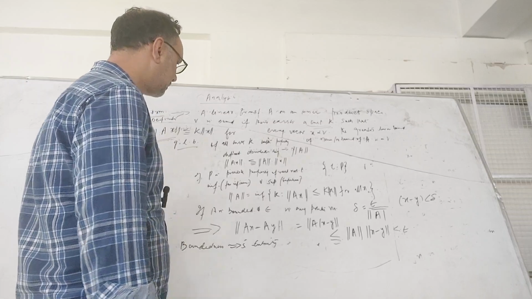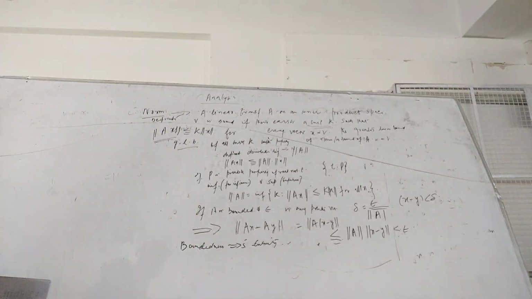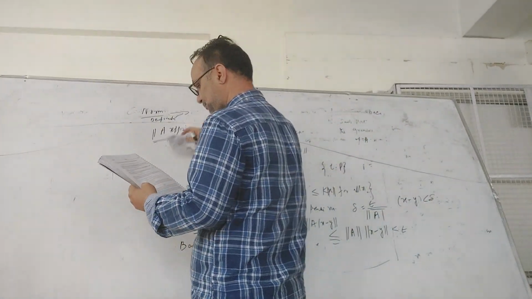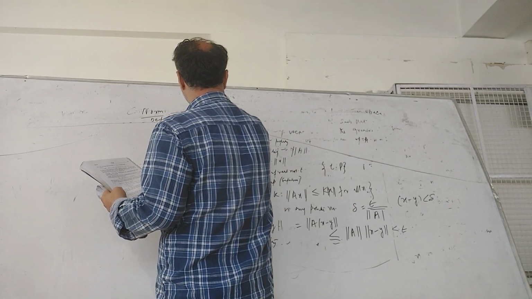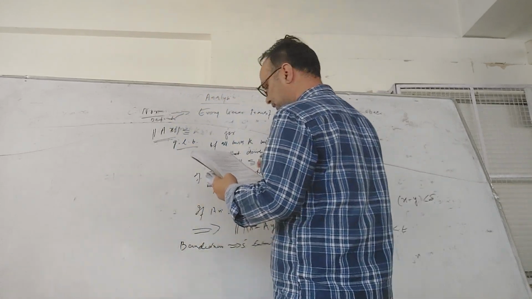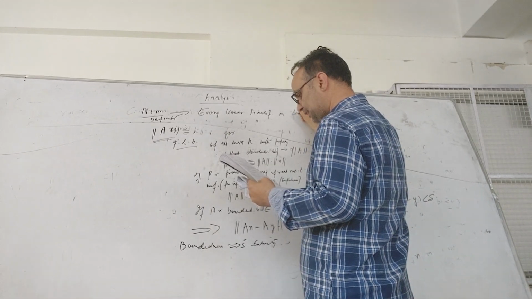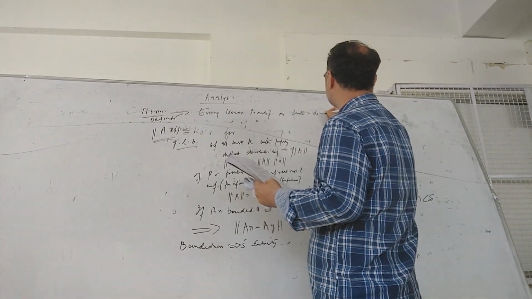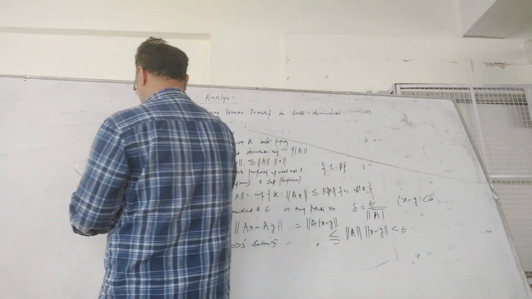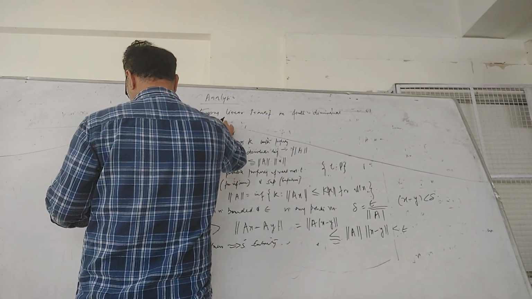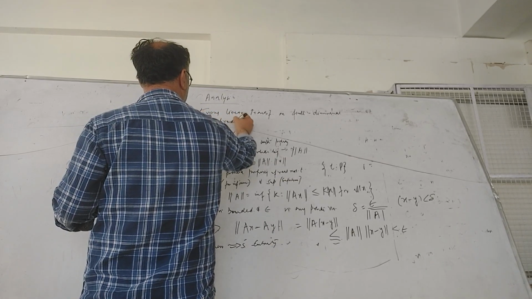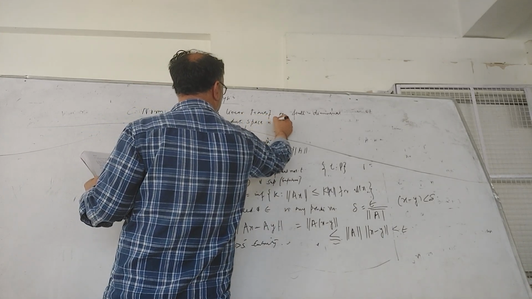So from this you can have a theorem, which states that every linear transformation on a finite dimensional vector space, because here we are interested in the inner product space, which can be complex, in a finite dimensional inner product space, is bounded.